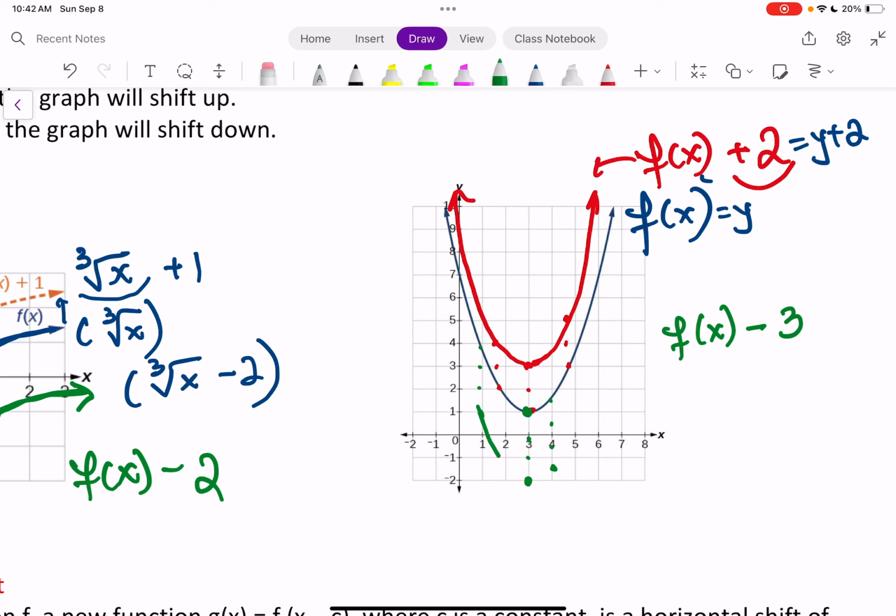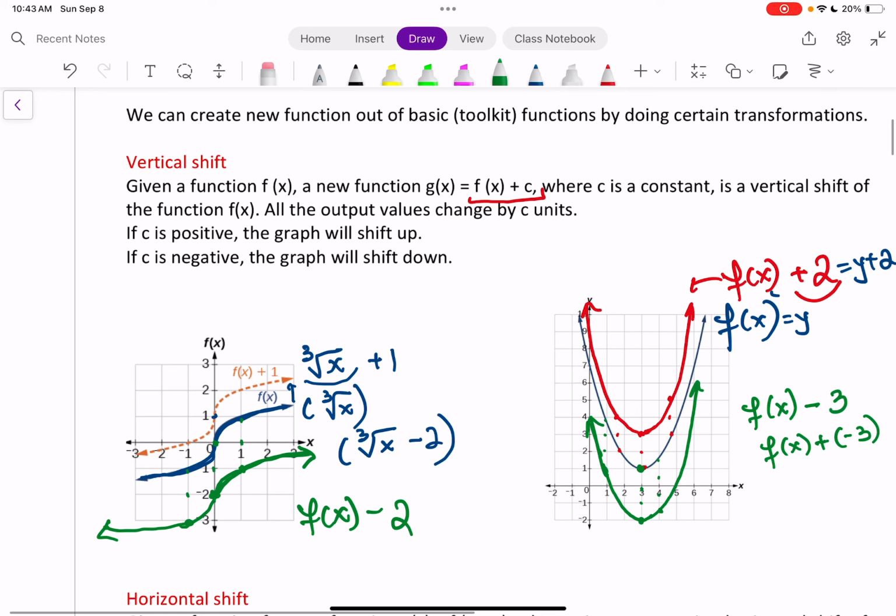So again, your graph looks just like it did before, it is just going to move down 3 units. And by the way, that's the same thing as adding a negative 3. This is why I'm saying if you add a positive value, the graph goes up. If you add a negative value, in other words, adding a negative 3 is the same thing as subtracting 3, then the graph moves down.